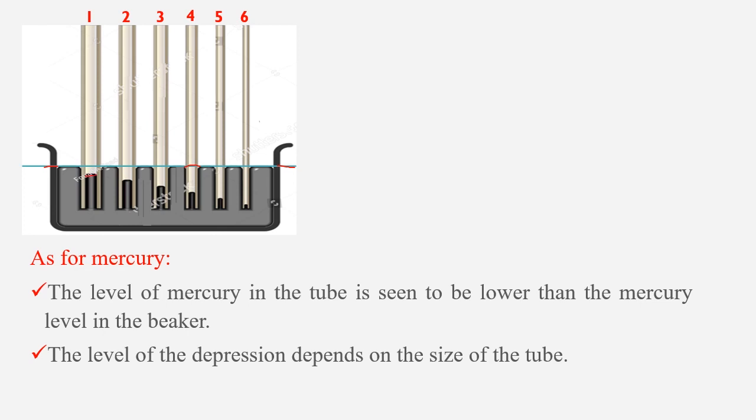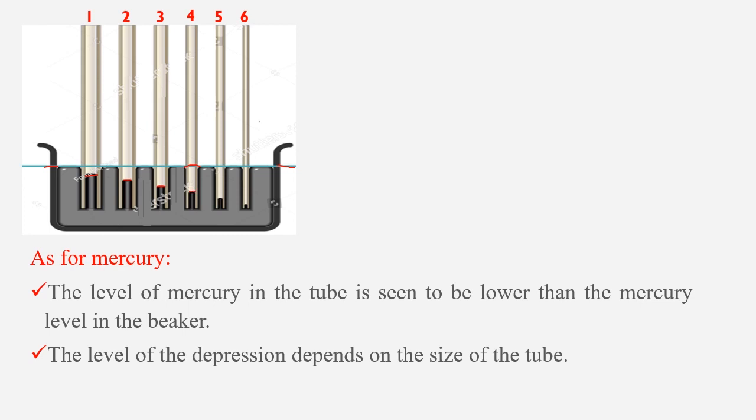For tube 2, a depression is also experienced, which is more compared to tube 1. For tube 3, a depression is experienced, which is more compared to the initial 2 tubes. For tube 4, a depression is experienced, and on like that till we get to tube 6.